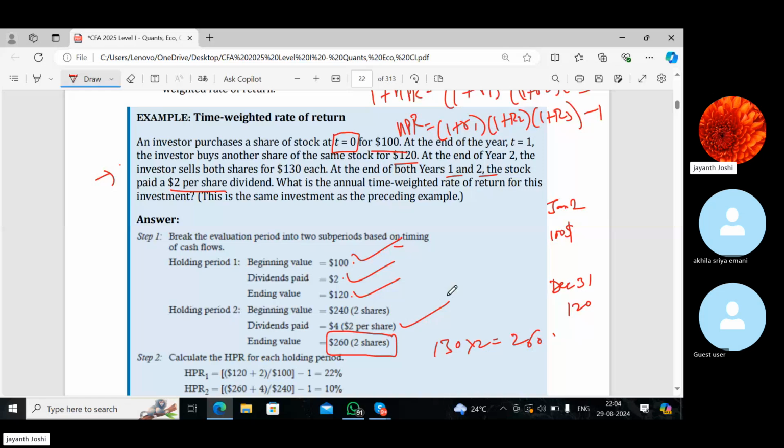Now for one share the dividend will be $2. For 2 shares the dividend will be $4. And this stock is sold at the end of year 2. That means this is held for a long period.